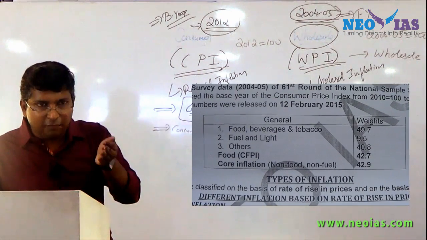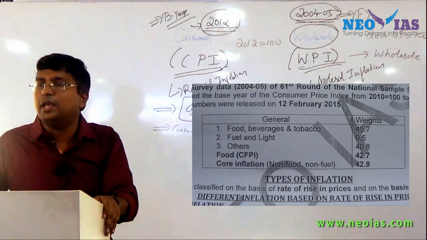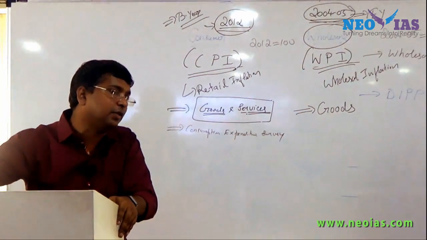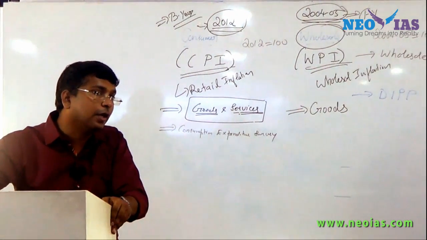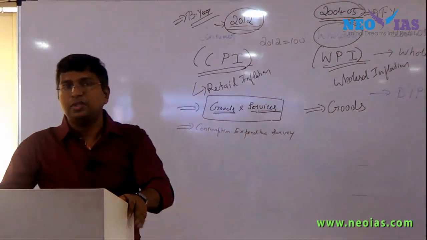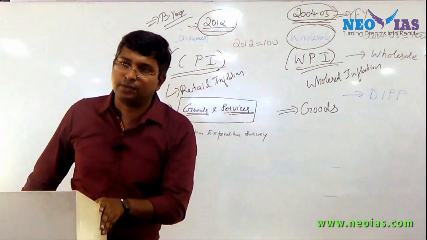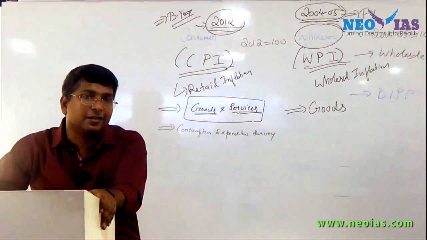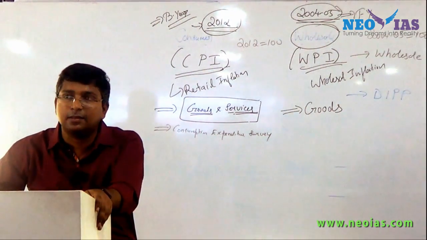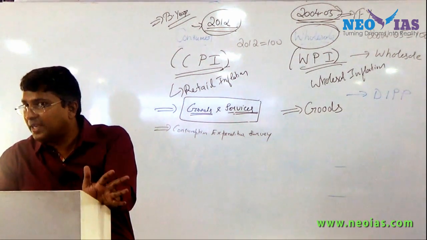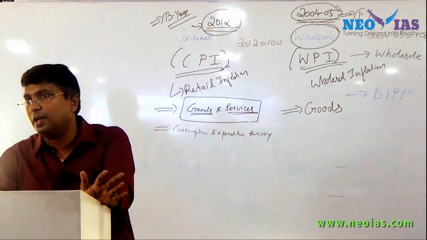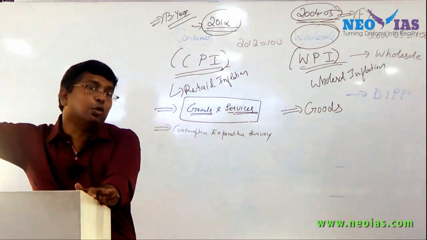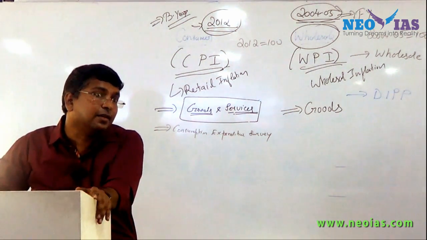Somewhere around 40 to 43% of the weightage in the consumer expenditure survey is for food items. Now you tell me, generally if there is an increase in food items, which index will show a higher rate, consumer price index or wholesale price index? It is obvious. So when there is an increase in food inflation, the consumer price index will have a higher rate compared to the wholesale price index.